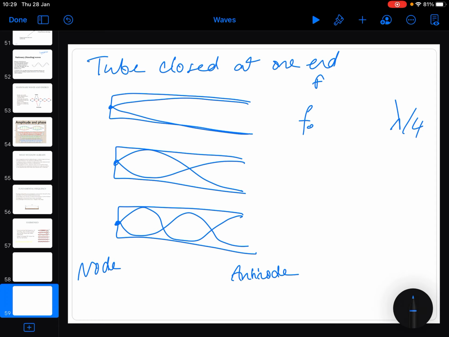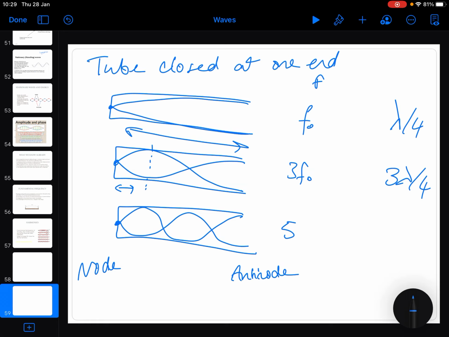Then, if we go to the next one, can you see you've now got 3 times as much of a wave put in there? Like here, and that first section is equivalent to the whole thing there. So this is actually 3 times the fundamental frequency in order to get that. And you've got 3/4 of a wavelength.